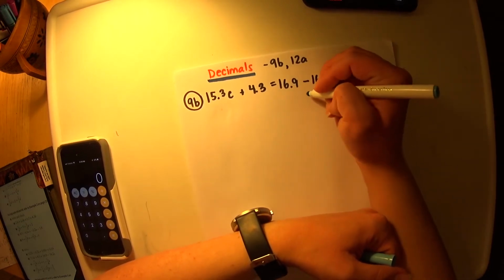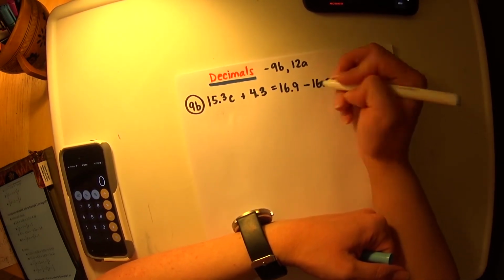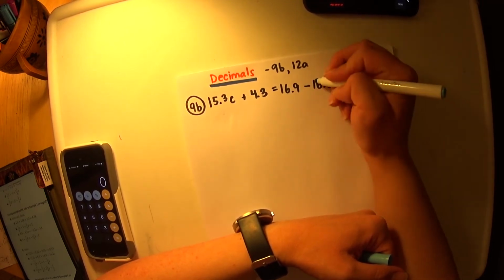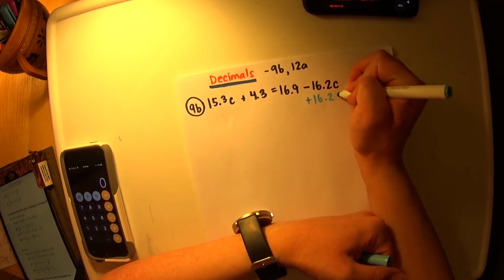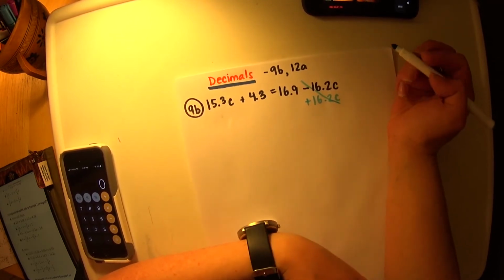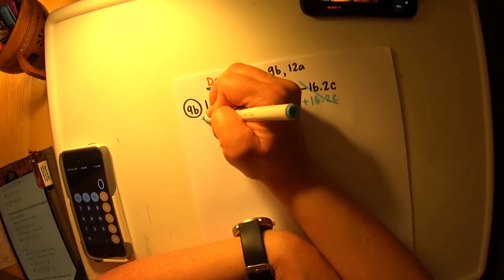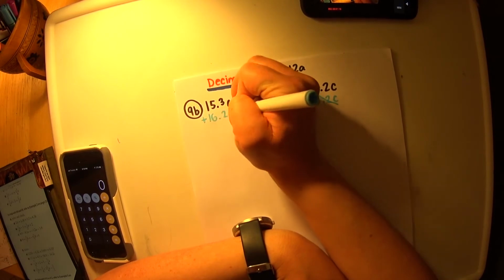But personally, I'd rather just keep it simple and work with positives instead, because the opposite of minus 16.2c would be plus 16.2c. So those opposites cancel out to 0, that's gone. But then I have to do the exact same thing to the other side, so I go plus 16.2c.